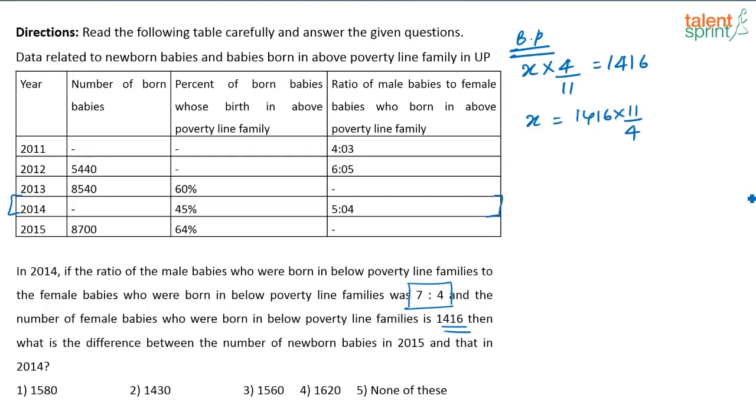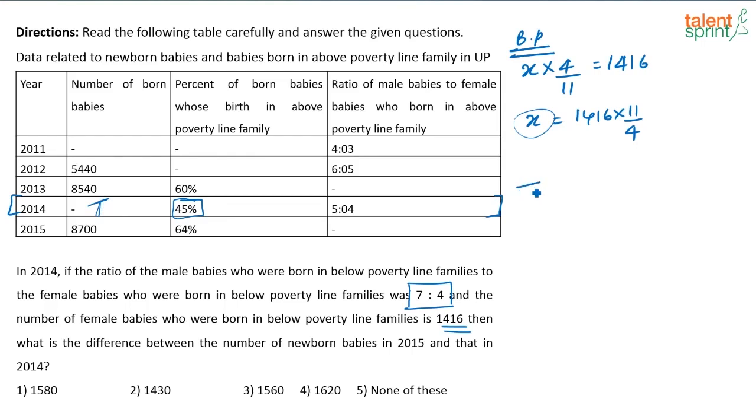Let's not start solving at this point itself, because if you start solving step by step, a lot of calculations are involved. Many times keep the calculations towards the end. You will be able to cancel out some terms and arrive at the answer faster. Now what is this X? This X represents the number of children who are below the poverty line. Here I know that 45% of the total children are above poverty line, or 55% of the total children are below poverty line.